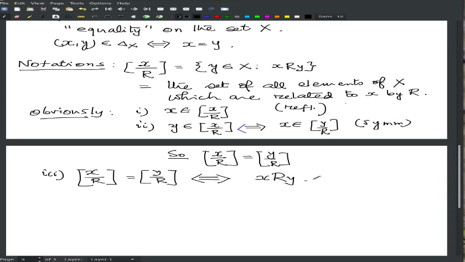So two elements are related if and only if they have the same equivalence classes.